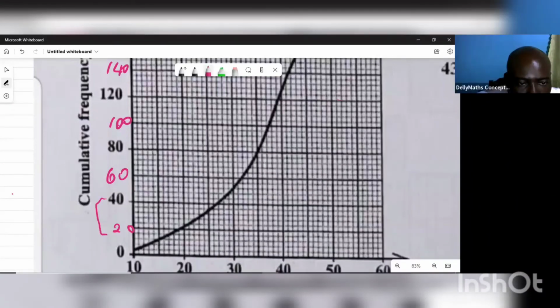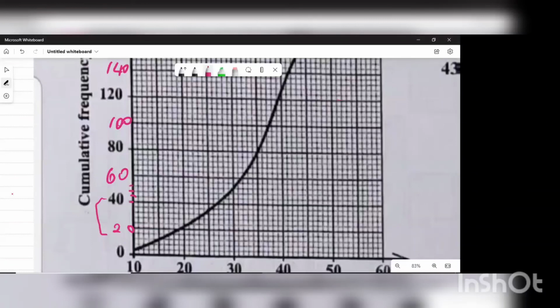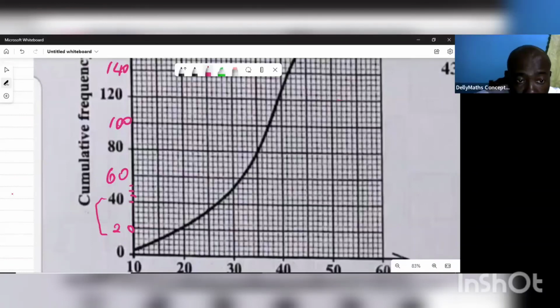All right, let me go for the 50. This is 40, 44, 48, 52. So 50 is going to be between that. 52, 56, 60. So it's going by 4. But you would have noticed, though, that the 50 is going to be halfway between.